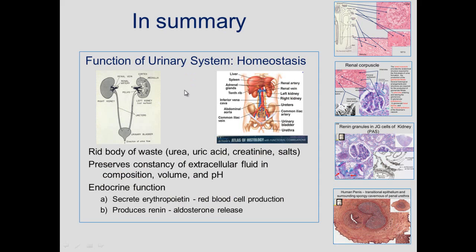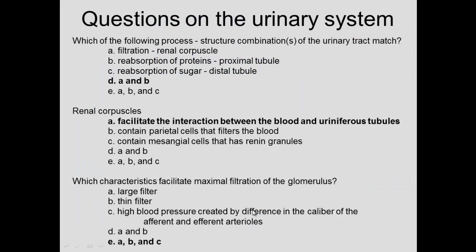So in terms of function, the urinary system maintains homeostasis, gets rid of waste, but it also maintains the extracellular fluid balance and composition, pH and volume. It also produces erythropoietin. Erythropoietin is produced by the interstitial cells in the kidney, and then renin is produced by those modified smooth muscle cells in the afferent and efferent arterioles, and that's responsible for aldosterone release.